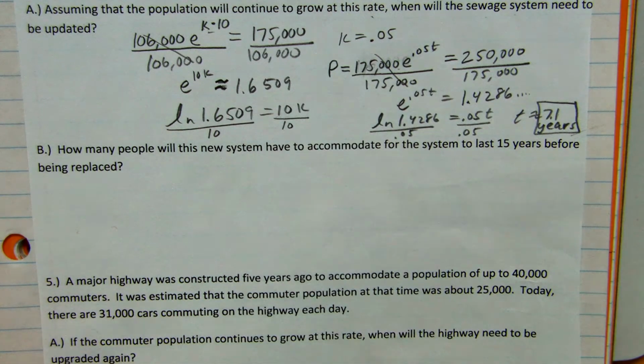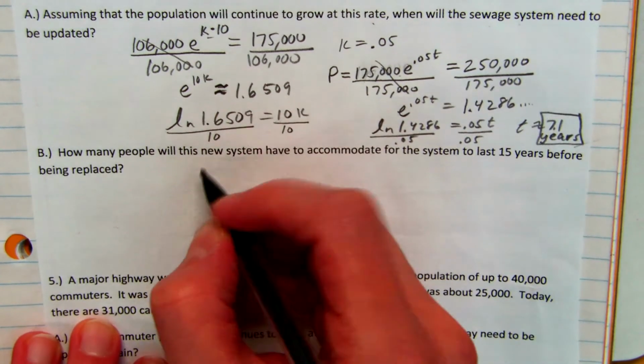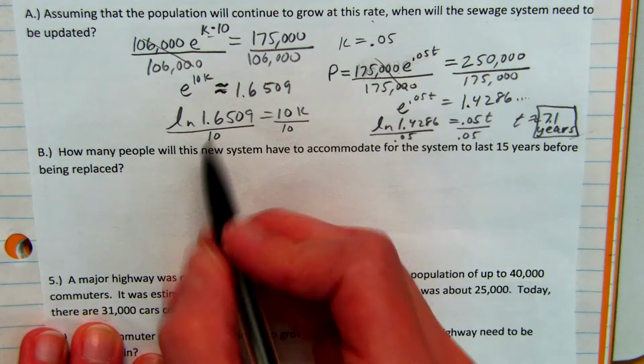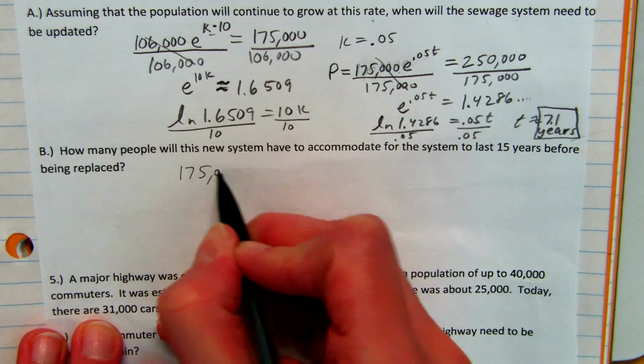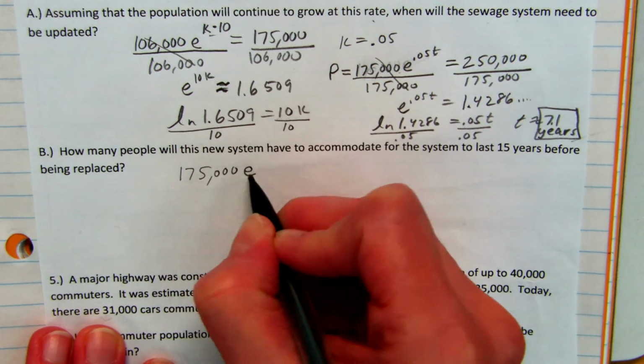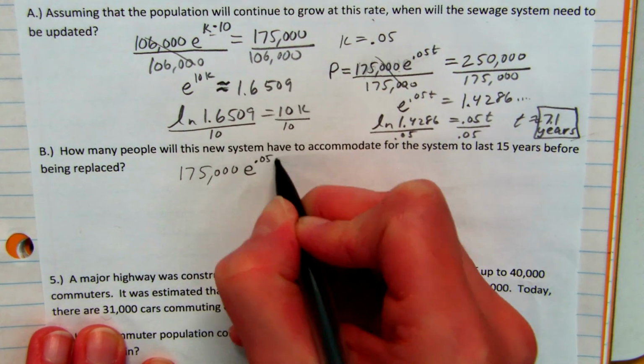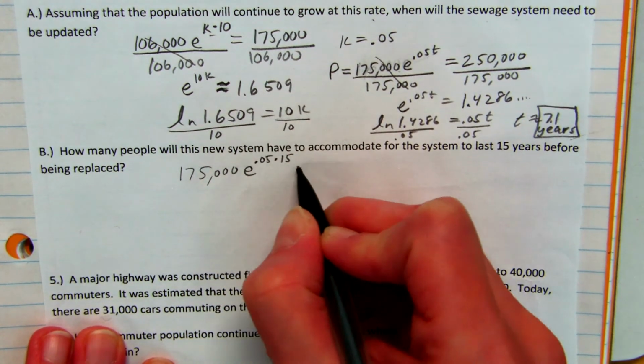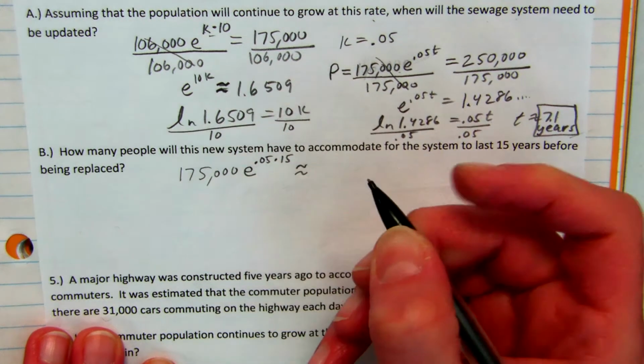Basically we need to know how many people we'll have 15 years from now. So we can use this population equation: 175,000 is where we're at now, times e to the 0.05, and then we'll put in 15 years and see how many people we're going to have in 15 years.